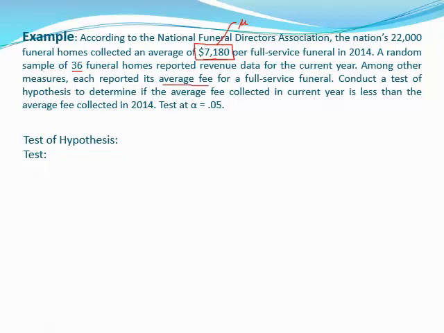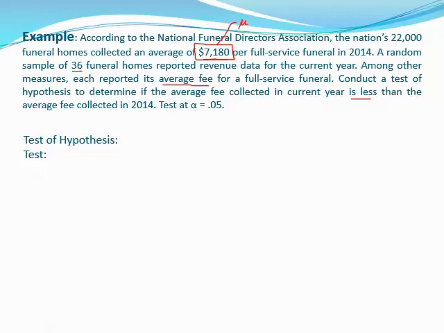Conduct a test of hypothesis to determine if the average fee collected in the current year is less than the average collected in 2014. So we need to come up with a null and an alternative hypothesis.